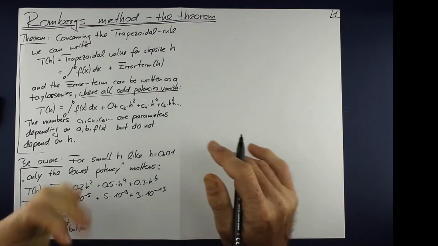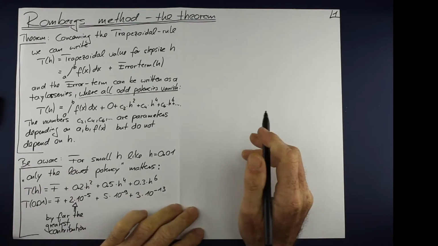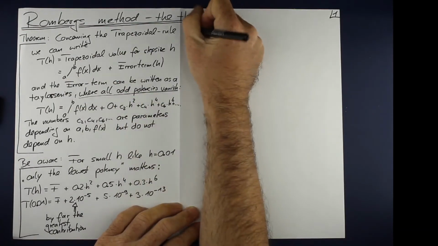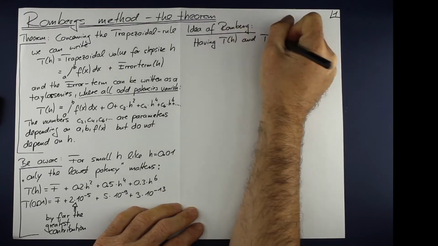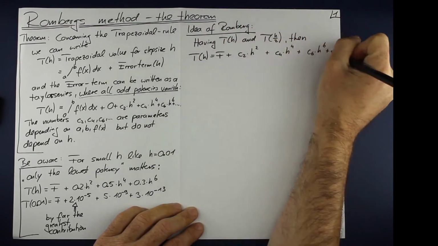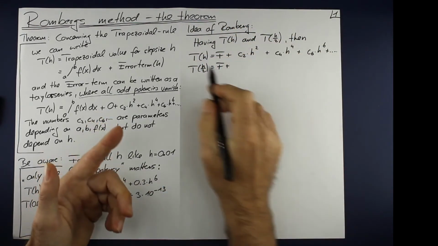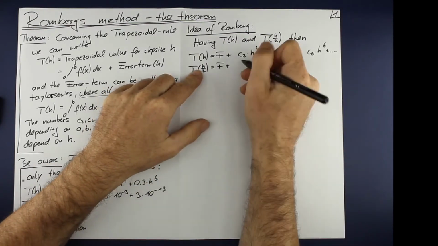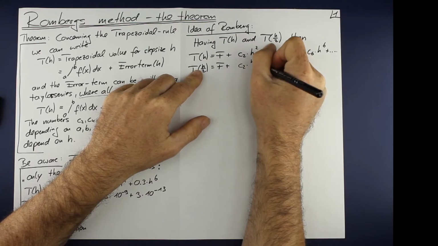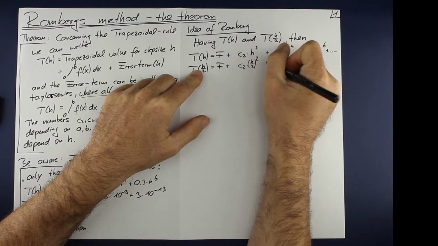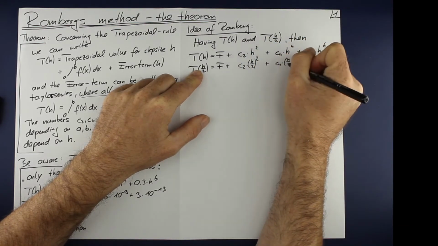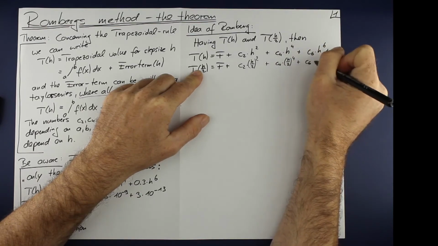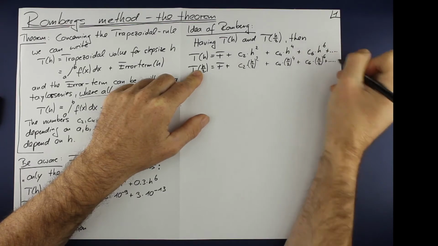And now comes the great idea of Romberg. Let's use that, and instead of an h, here is an h halved. So we have c2 times h halved squared plus c4 times h halved to the power of 4 and c6 times, and so on.